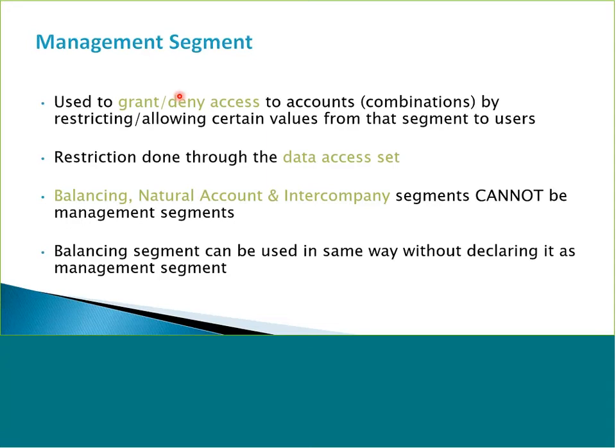When we do that, it means we grant or deny access to those users to certain values. And when we do that, it means there are certain combinations which they can't make or which they can't see, right? Because the combinations are made up of individual values drawn from the various segments.